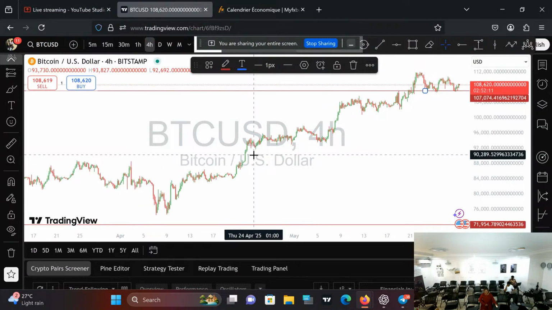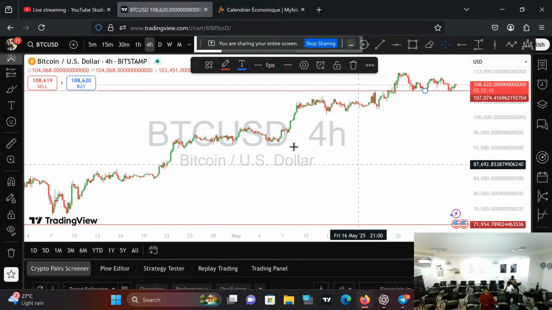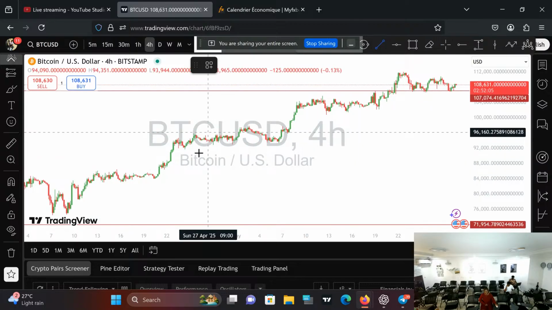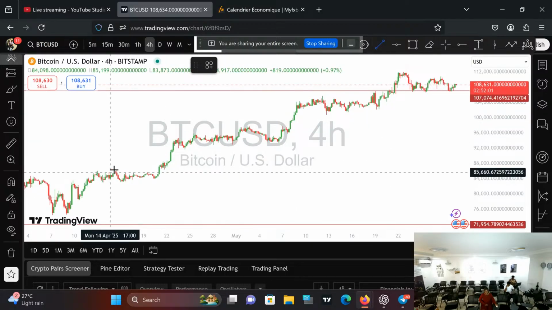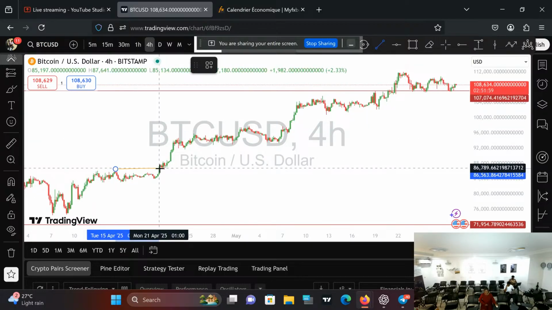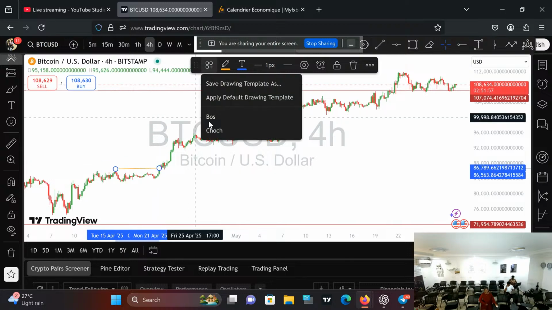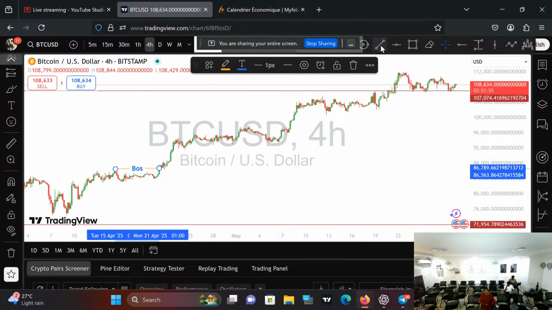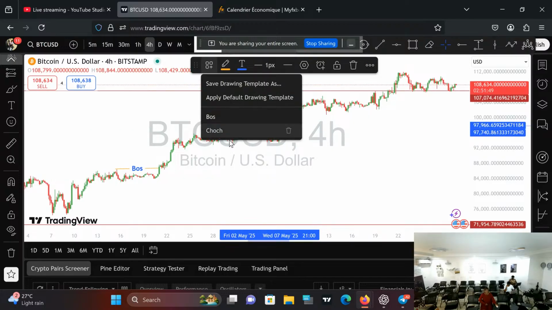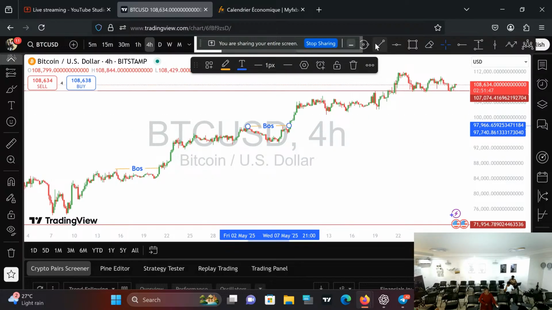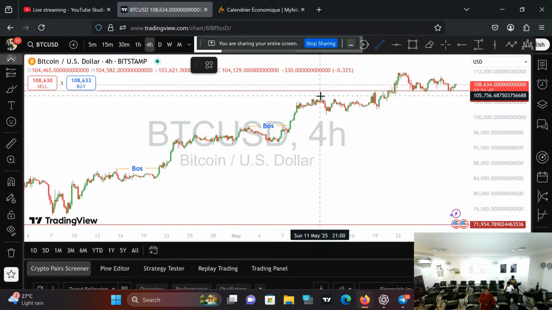Okay, so from here we can start mapping our basic market structure. I know that the market is in an uptrend, so we have a series of higher highs and higher lows. We have a break here and there. We have another break here.